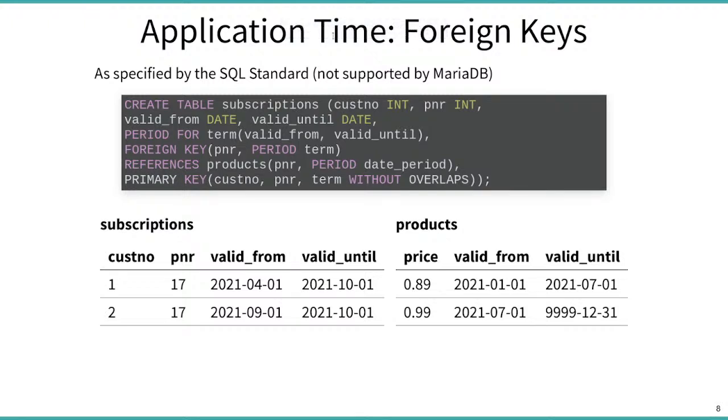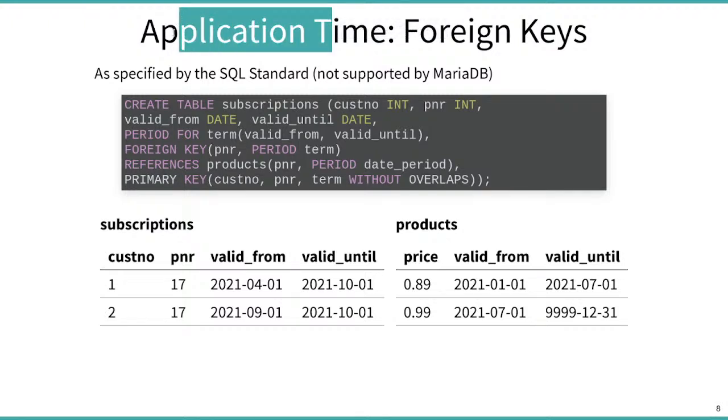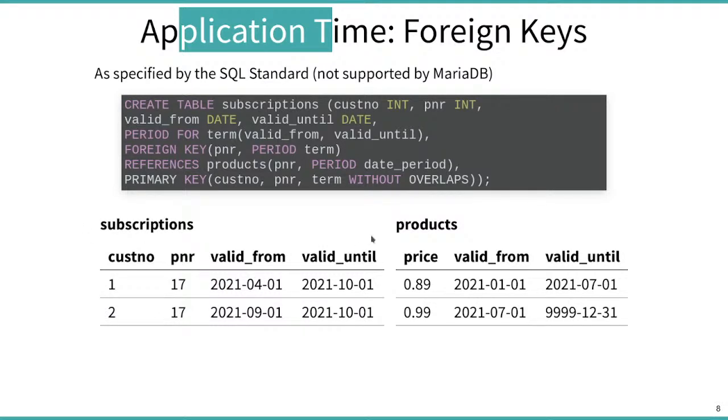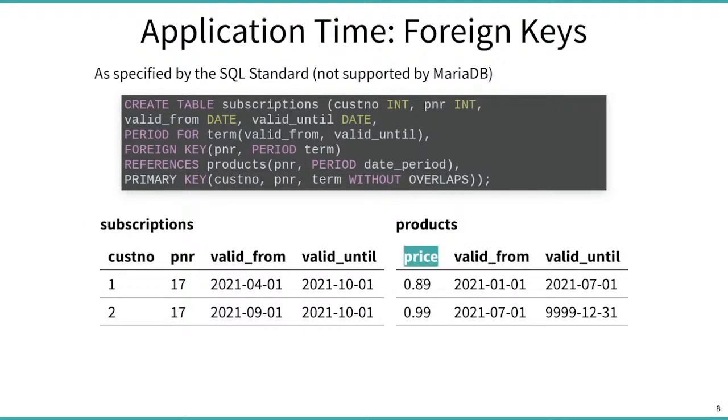interesting are application time tables when you have multiple of them and you have foreign key relationships. So let's say we have here our products table, and we have the possibility to subscribe for products. So customer number 1 wants to have a chocolate bar every day or every month or every week.